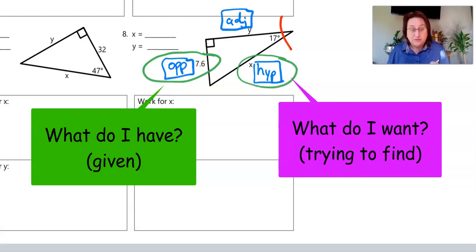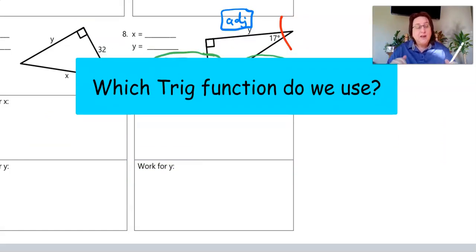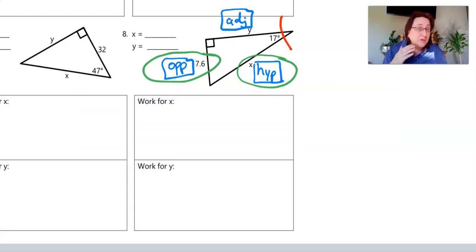I want this side, the hypotenuse. To help us figure out which of the trig functions to use, we can look at our formula chart, our flip chart, or you can even write this down on the top of each of your papers to help you remember some of the ratios.